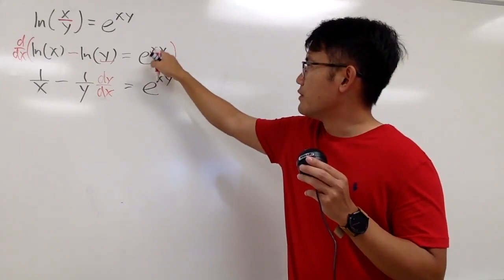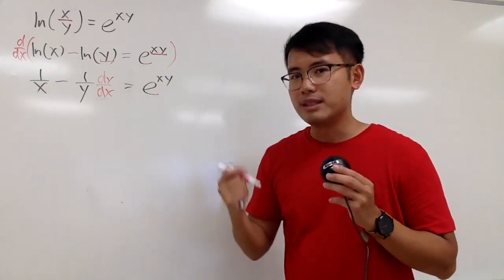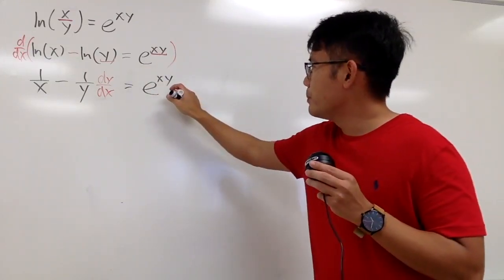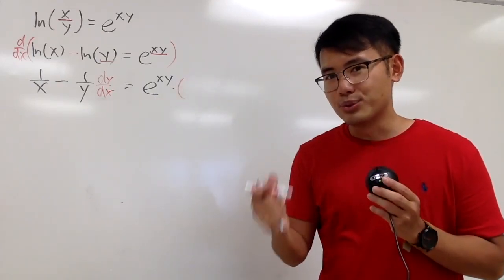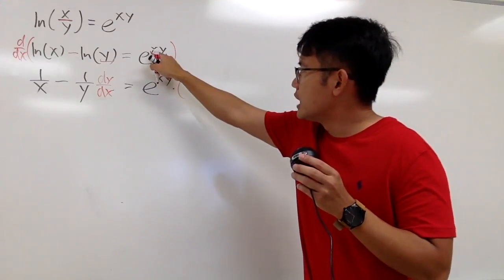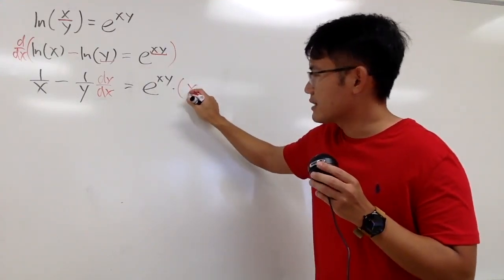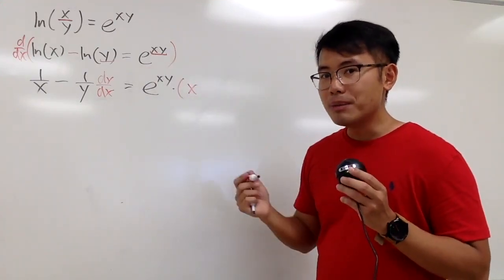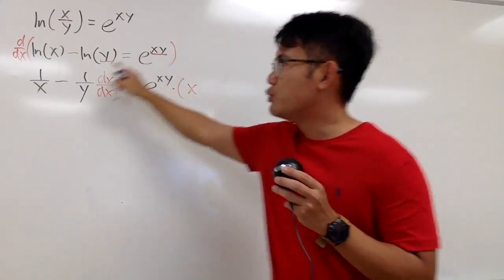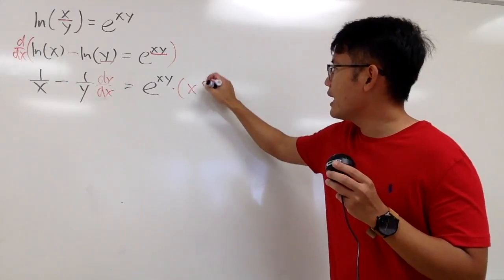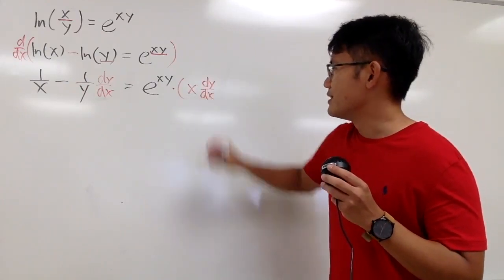We have to multiply by the derivative of this. Well, derivative of x times y requires the product rule. So let me multiply, and I will open the parentheses, product rule in action. I will first keep the first function, namely x. And then we multiply by the derivative of the second, derivative of y with respect to x, that's the dy/dx business.